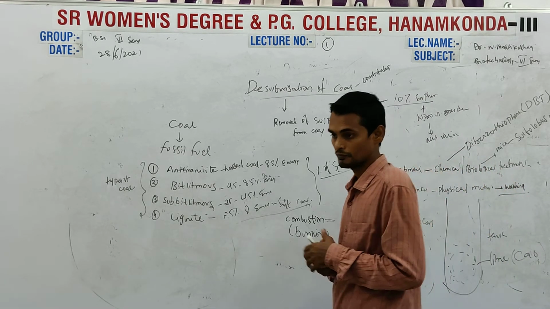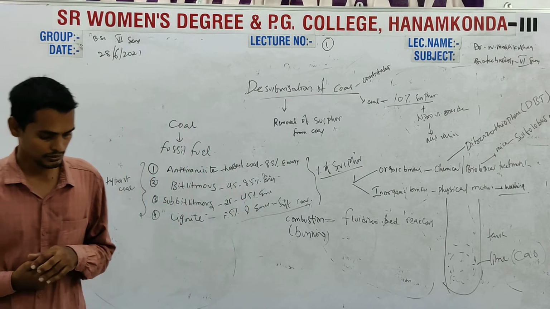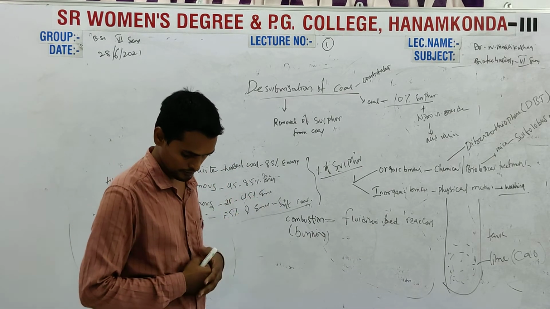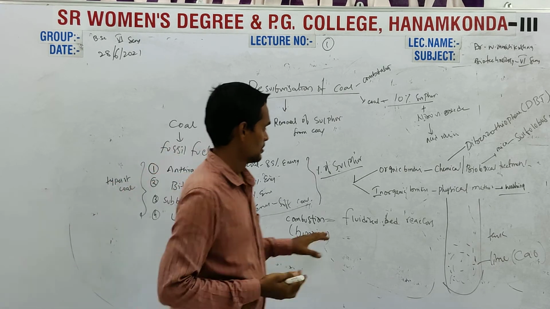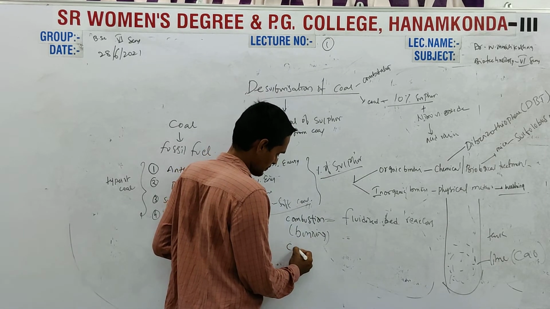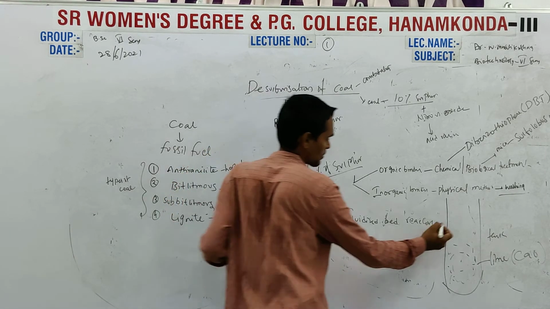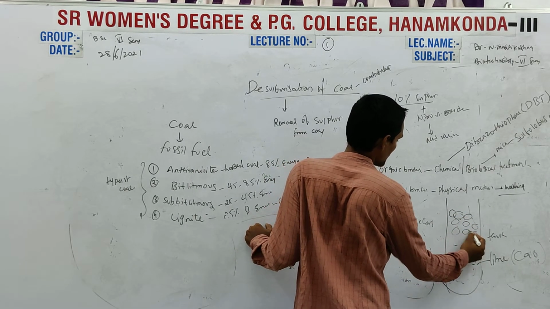So the combustion of coal can be carried out in fluidized bed reactors, which are filled with limestone. In this, the coal is added at the top of this bed.